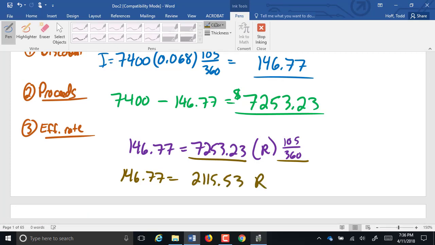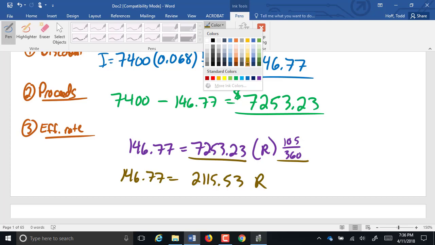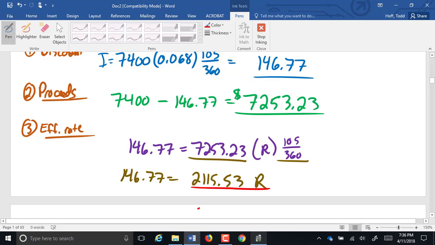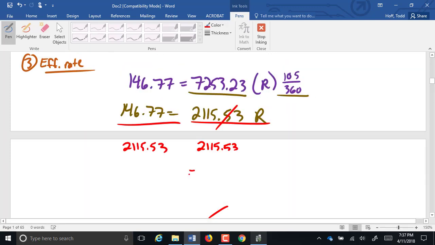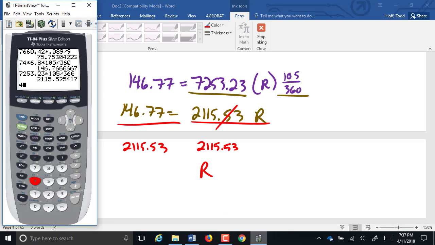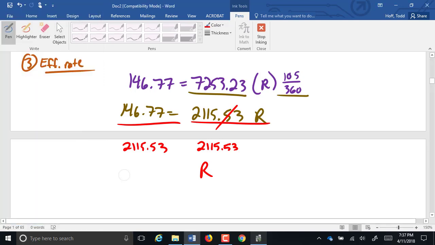Again, we're going to leave that in the calculator so that when we divide here, divide by the 2115.53, we get that R equals 146.77 divided by that previous answer. 0.069378.